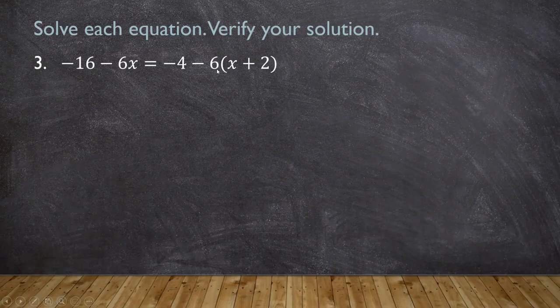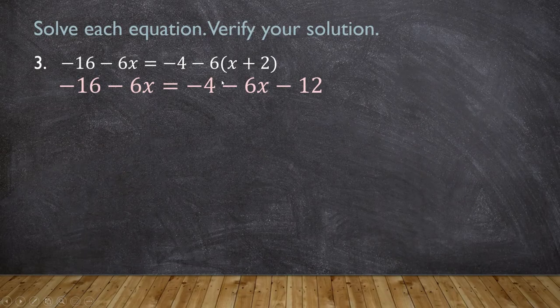In number 3, the first thing we want to do is distribute the -6 that's in front of the parentheses. Distributing that, we would have on the right-hand side -4 and then minus 6x minus 12. Make sure you distribute that negative along with it. Next, we would combine like terms.